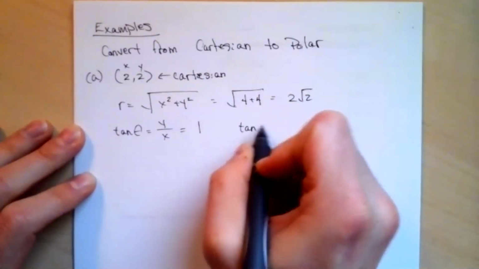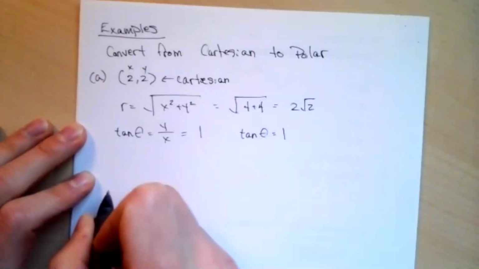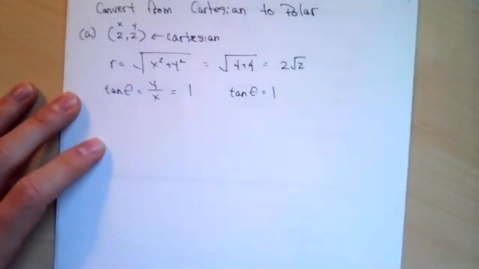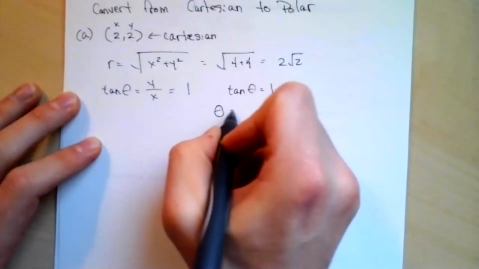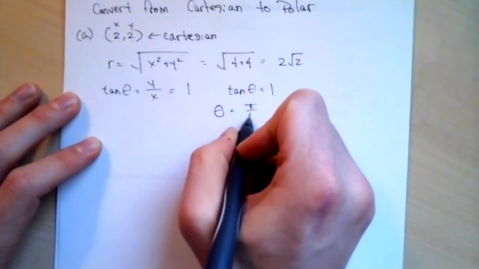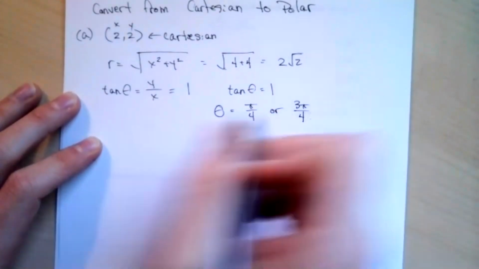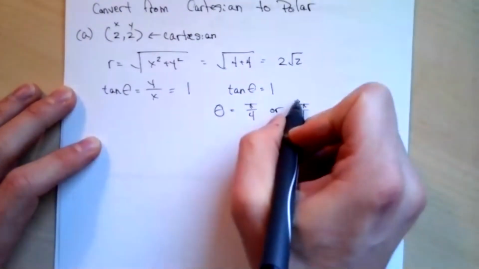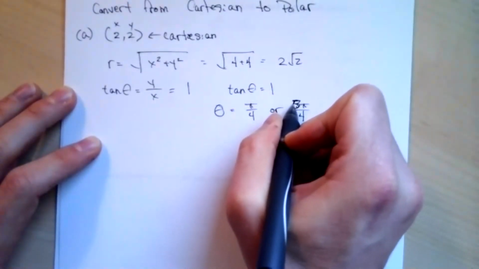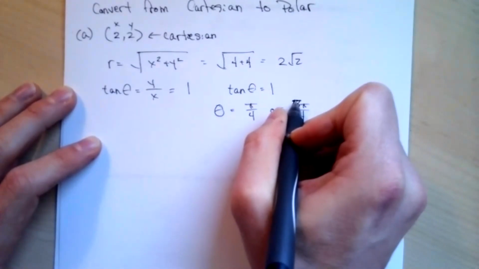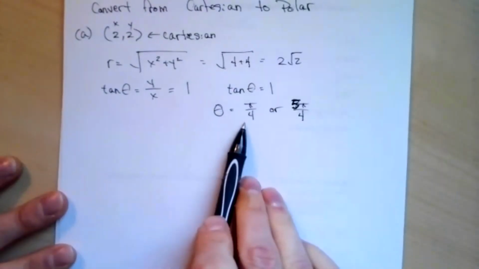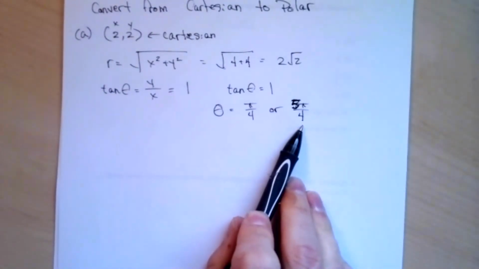And how do we solve for our theta? So tan of theta equals 1. And so, of course, to do it properly, you would remember that theta is either going to be pi over 4 or 5 pi over 4, so either in the first or third quadrant.